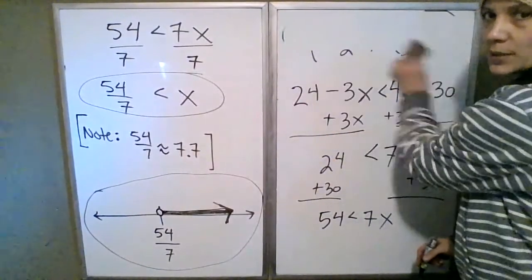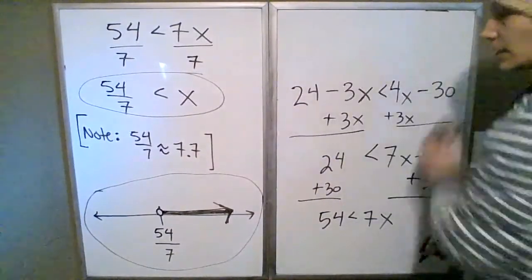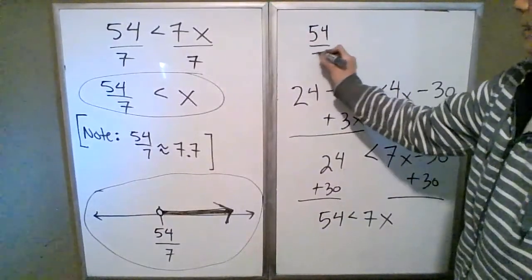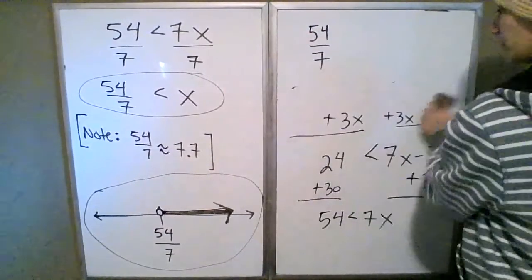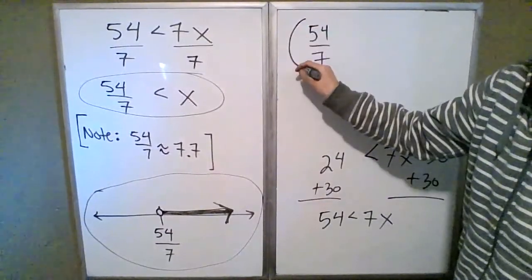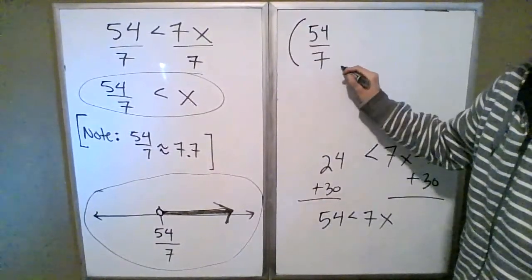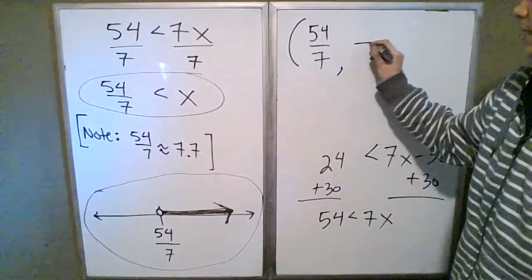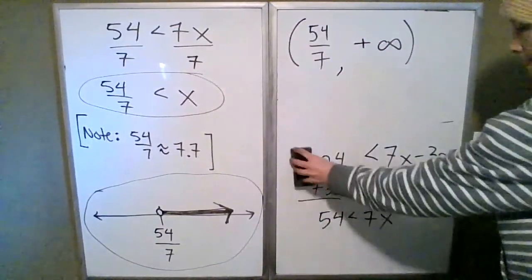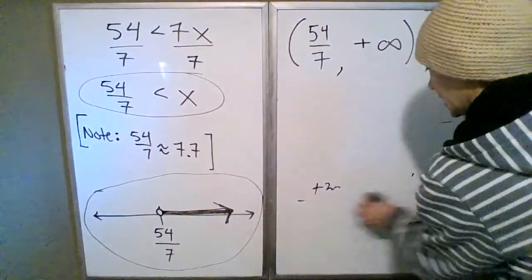The set starts with a smaller number on the left, which would be 54 over 7. You don't include that number, so use a parenthesis. Go over towards positive infinity. It also always has parentheses. I think we're done.